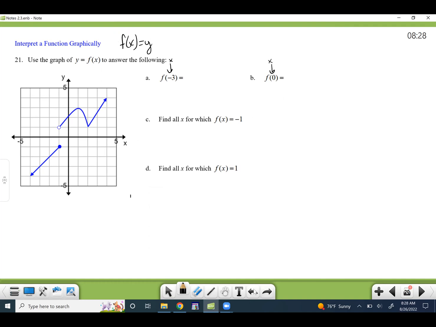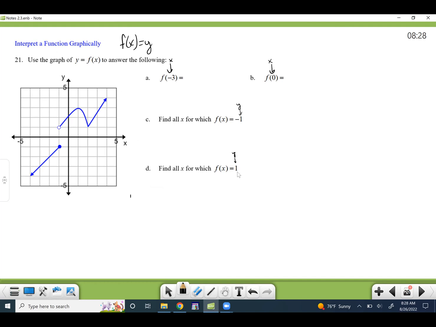Whereas the next two problems have to be y values because they are not inside the parentheses. F of x equals y, so that must be y. And that's important because that's how we're going to read our graph.